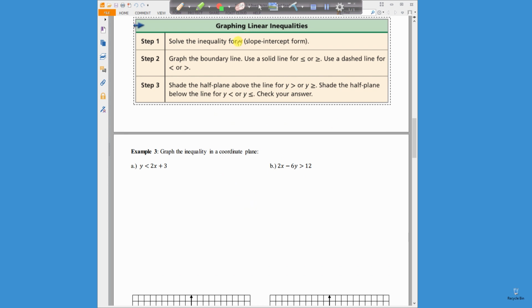So let's talk about two variable inequalities and graphing those. There are basically 3 steps that you need to do. First, before you think about graphing the inequality, solve the inequality for y, put it in slope-intercept form. Just a recap there, slope-intercept form is y equals mx plus b.